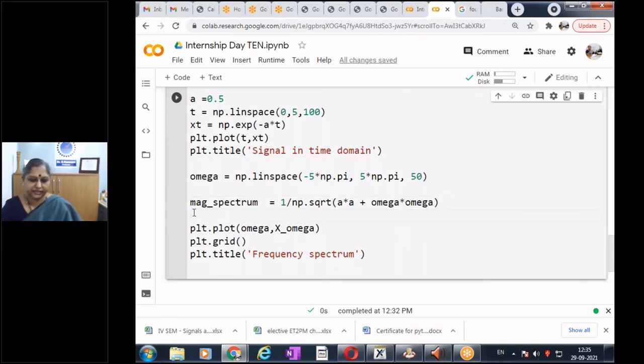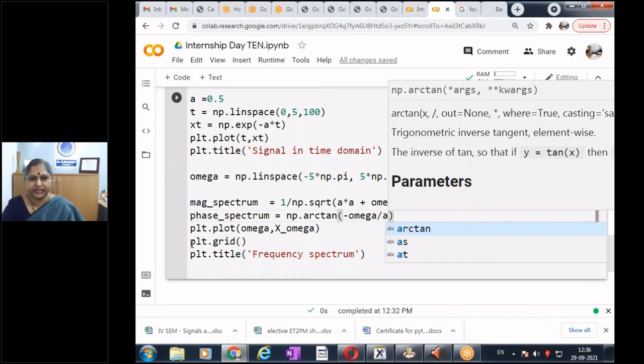Hope it works. And then the phase spectrum. What was the phase spectrum? np.arctan(-omega by a). This is what we had.